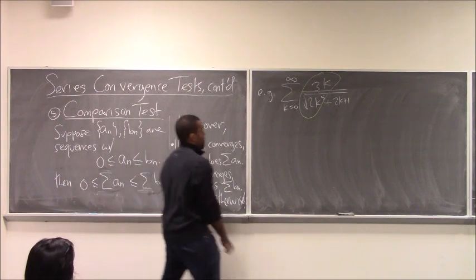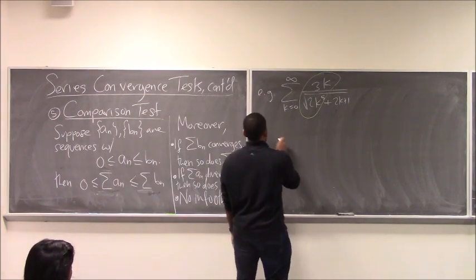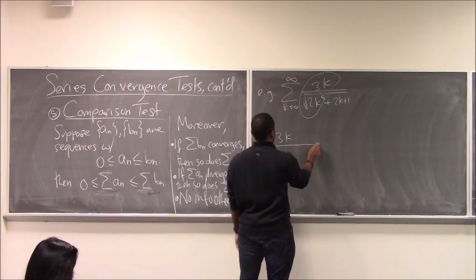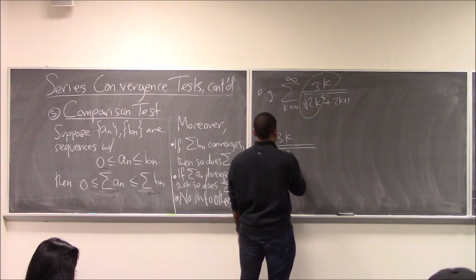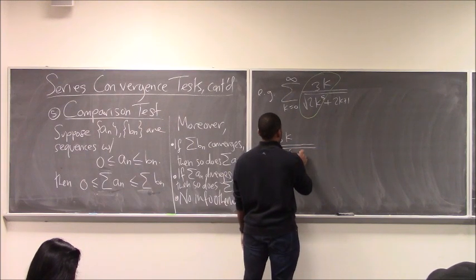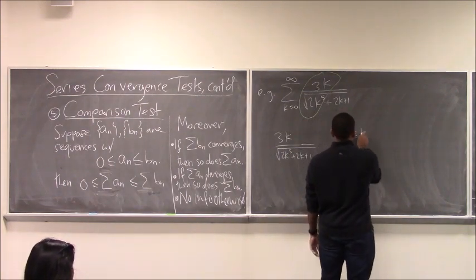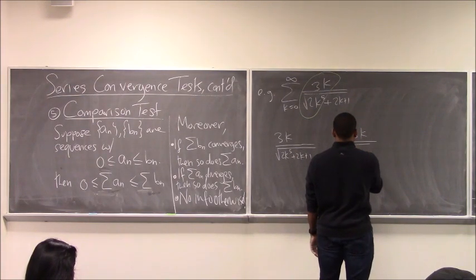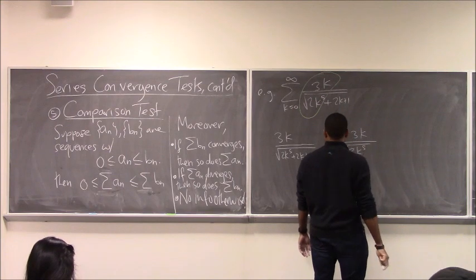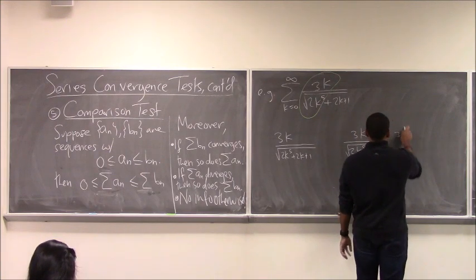So basically, if I try to compare 3k over 2k to the 5th plus 2k plus 1, I'd want to compare that to this guy. What's another way to write down that?